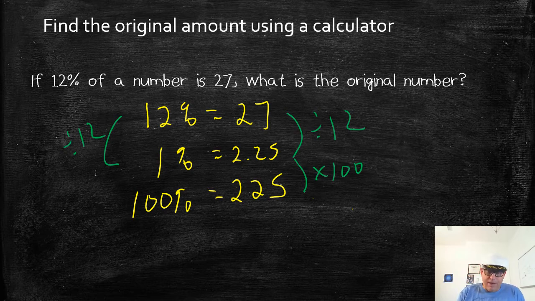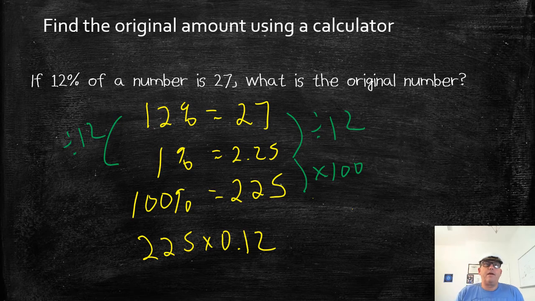So again, going backwards, 12% of 225, if we put that in our calculator, should give us 27. So this is how we can use our calculator to find the original amount.